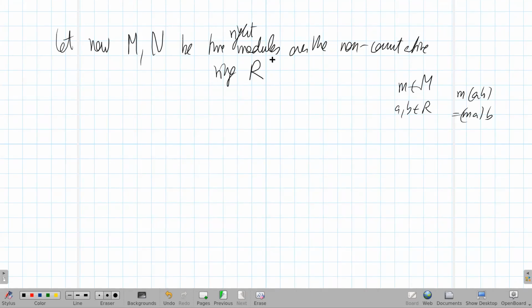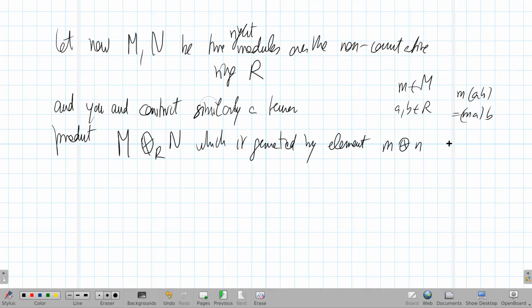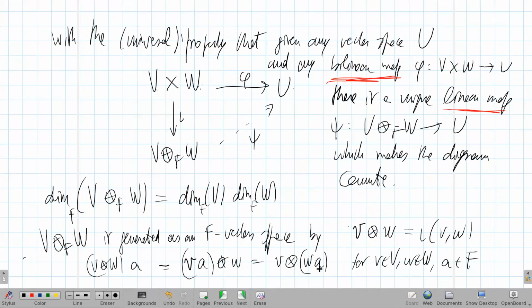So suppose you have two right modules, and suppose you try to construct similarly a tensor product M tensor_R N, okay, which is generated in some sense by elements m tensor n, where of course the two elements are in the right places, and which satisfy the identity we just saw here, that you can switch an a from one side to the other, okay?